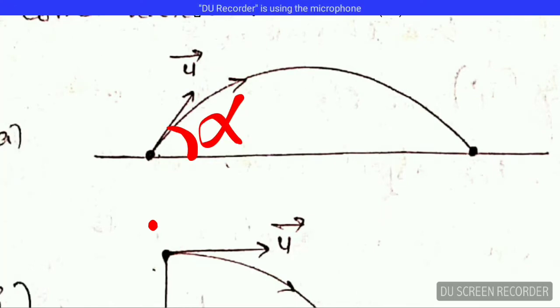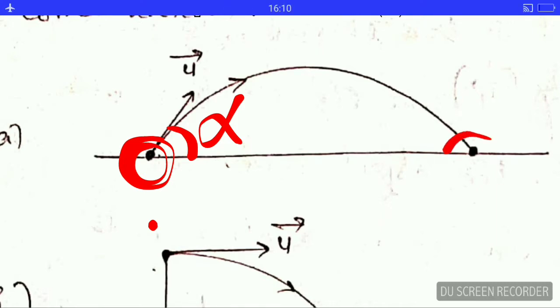Then what happens, this projectile moves in the vertical plane, and after some time it moves under the effect of gravity. All the time the gravity acts on it, and after the time of flight, it falls on the ground at some other position.